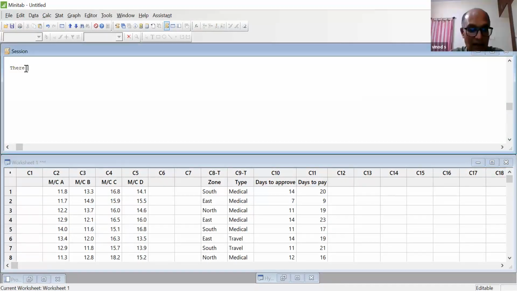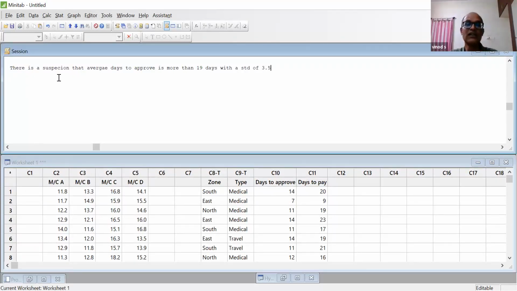There is a suspicion that the average days to approve is more than 19 days, with a standard deviation of 3.5.